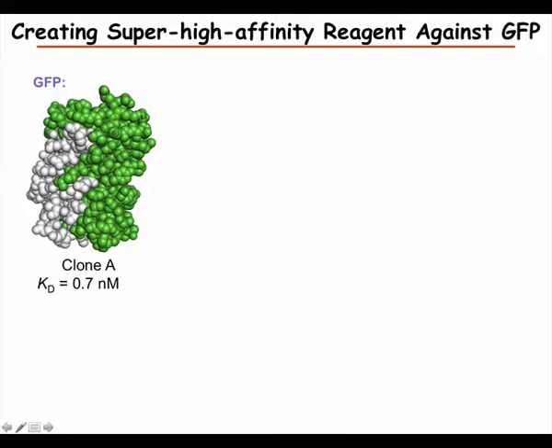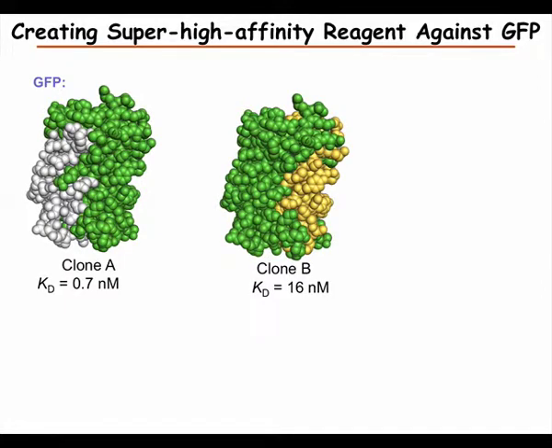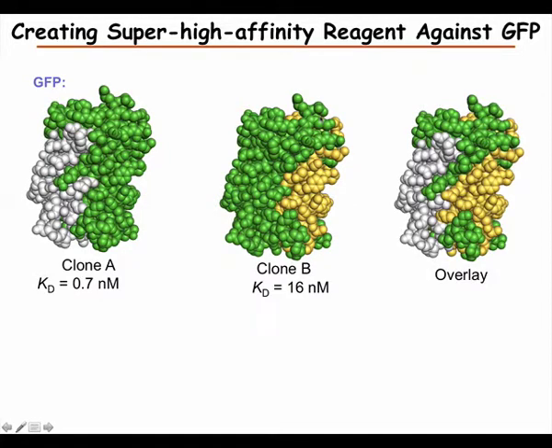So this shows one clone that binds where the white atoms are. And then there was a second one that bound on the other side. And now you can probably see that if we do the overlay, they don't really interfere with each other's binding regions.